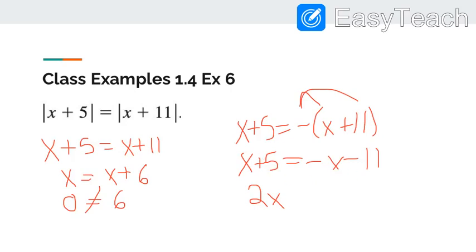Subtract the 5. So I'd have negative 16. So then my answer here is x equals negative 8. So again, this one over on the left is a reject because that one doesn't work. But the one on the right would work.